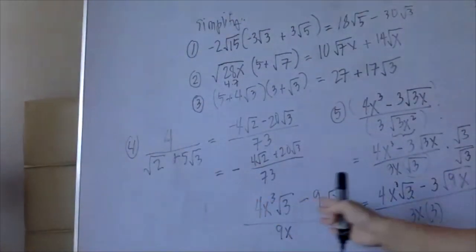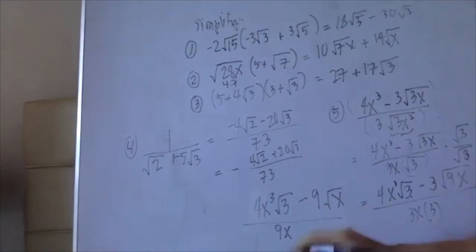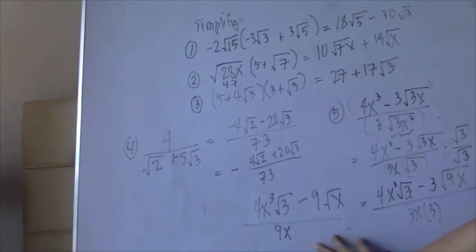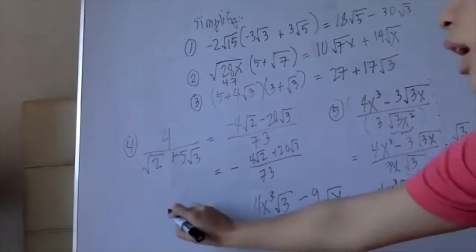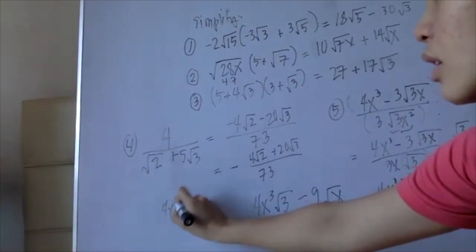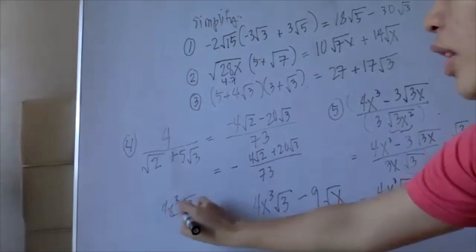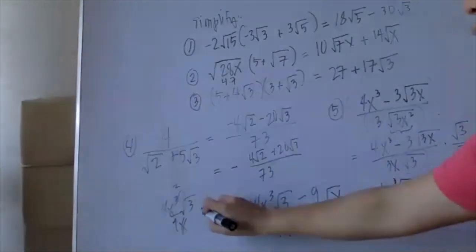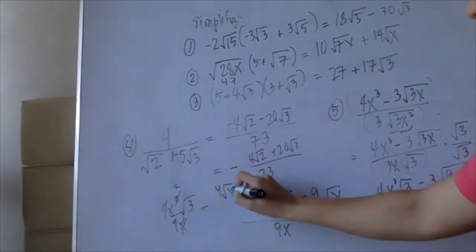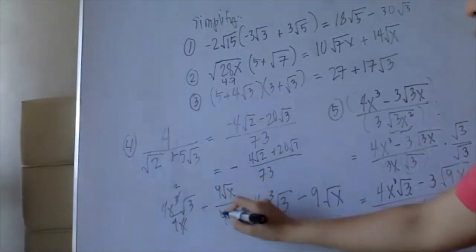Well, pwede mo rin siyang hatiin, pero okay na to. Pero if ever, kung wala to sa given, for example, pwede mo siyang ihati pa. You have 4x cubed square root of 3 over 9x. Cancel yung x, maging 2 ito. How about this one? Minus 9 square root of x over 9x.